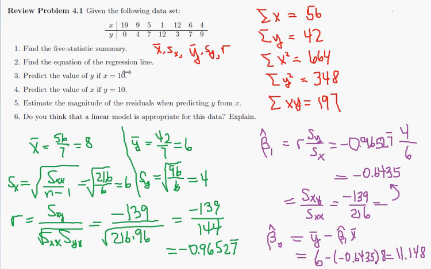And so the equation of the regression line is going to be y is equal to 11.148 minus 0.6435 times x.